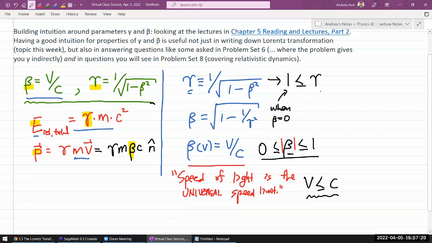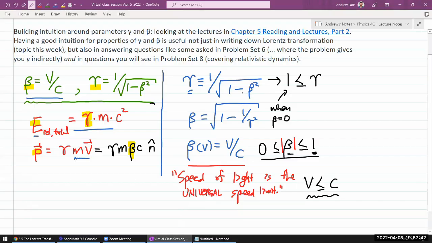And in terms of upper limit, I hope you see that as beta approaches 1, not when it's equal to 1, because then you're dividing by 0, but as beta approaches 1, you get 1 minus a number ever getting closer to 1.